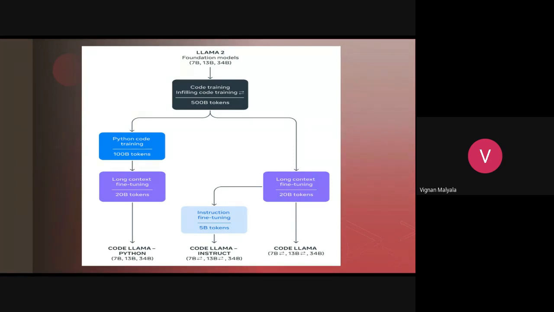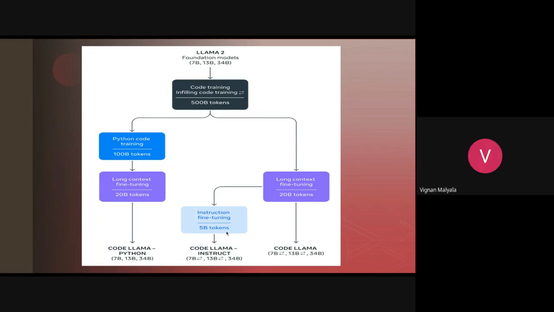Someone asked whether RLHF was used to fine-tune Code Llama or was already used in Llama 2. They used it for Llama 2, but here I'm saying they also used it for the self-instruct data set, for instruction fine-tuning.